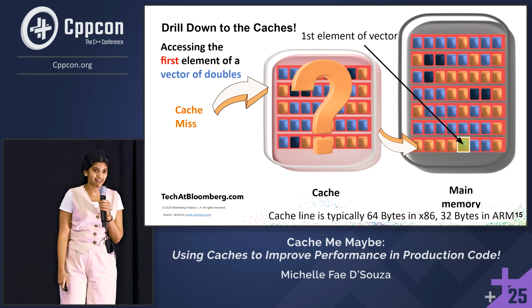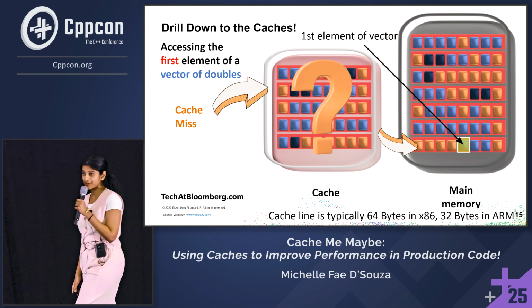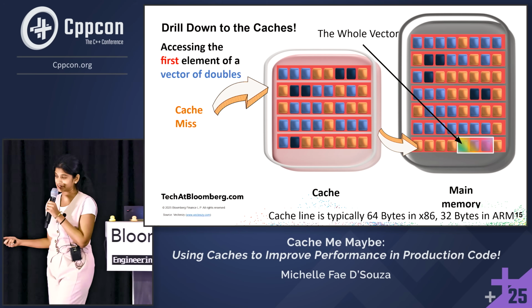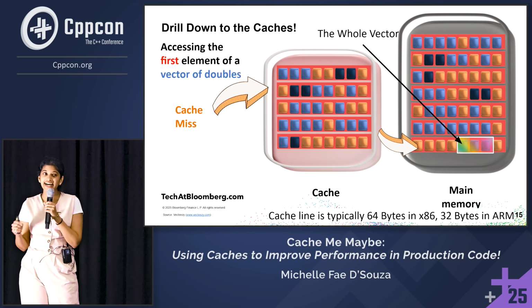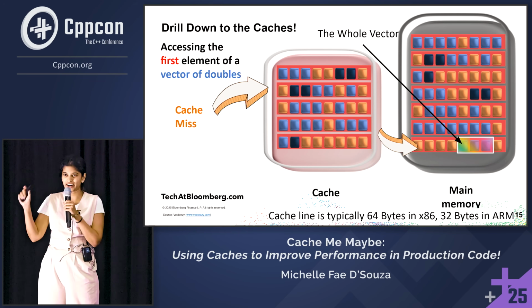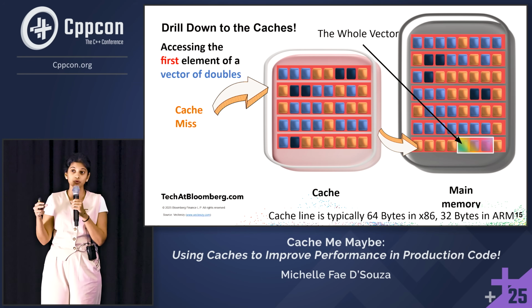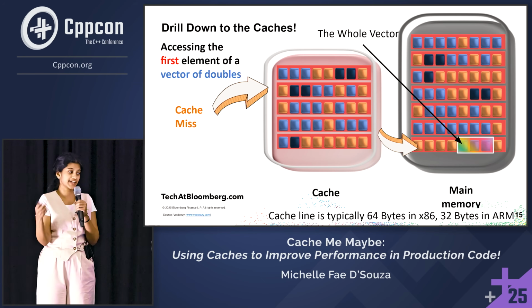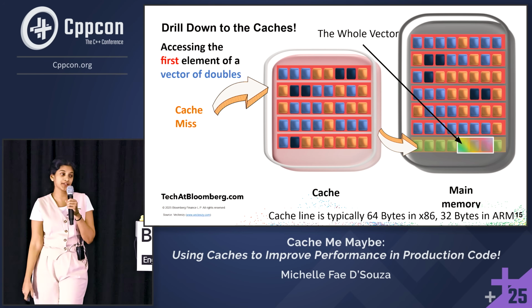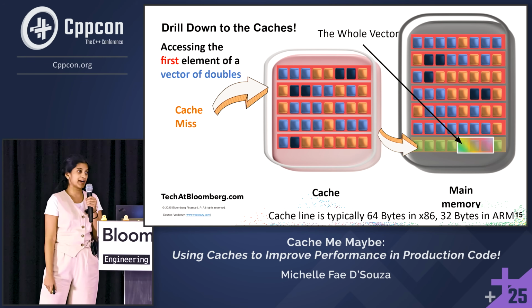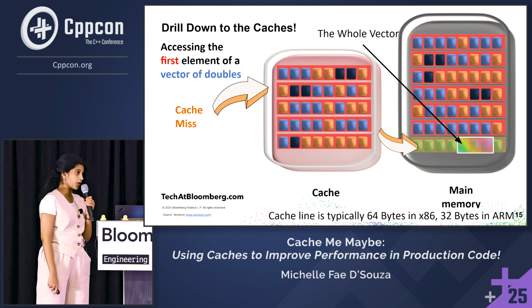And because the vector has contiguous memory, the next few elements are actually also a part of the vector. And yes, we do only want to move that very first element of the vector to the cache, but we only move things in the form of cache lines, which are typically 64 bytes in x86, 32 bytes in ARM, but it depends on your architecture.